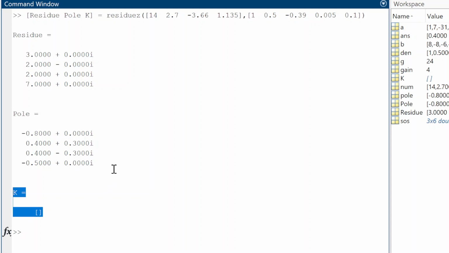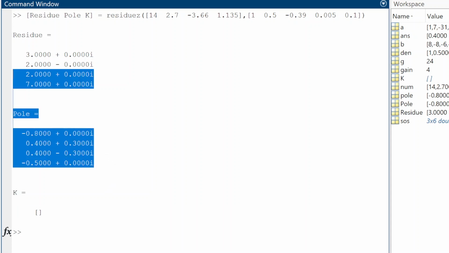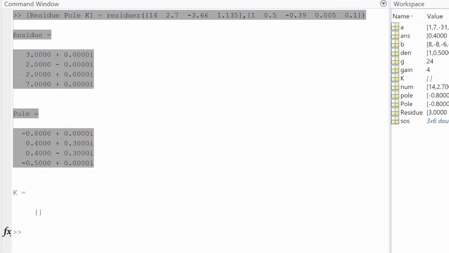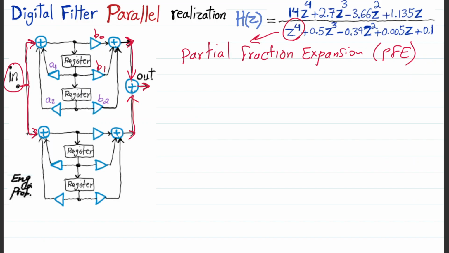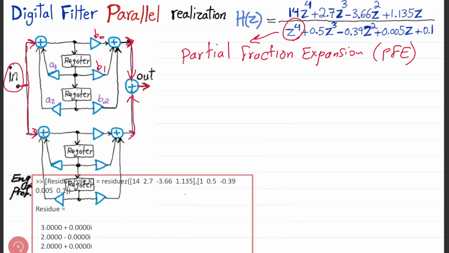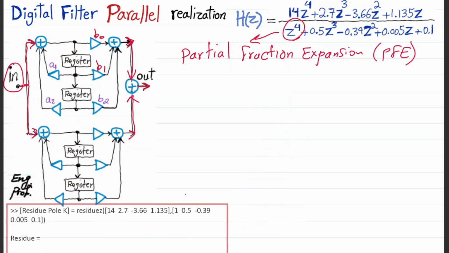Okay, so let me rewrite this. I'm going to copy paste these values. I ran this function, and if I copy paste it back here, I'm going to keep it for reference.